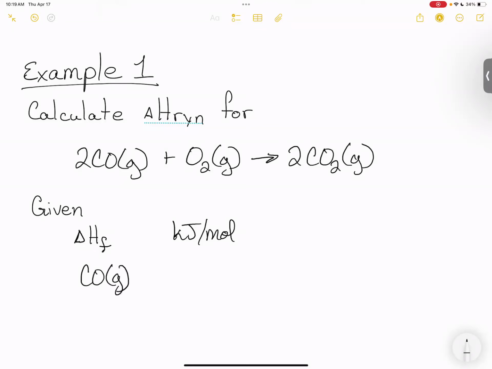Pay attention to the state of matter. The state of matter is important. CO gas is negative 110.5.